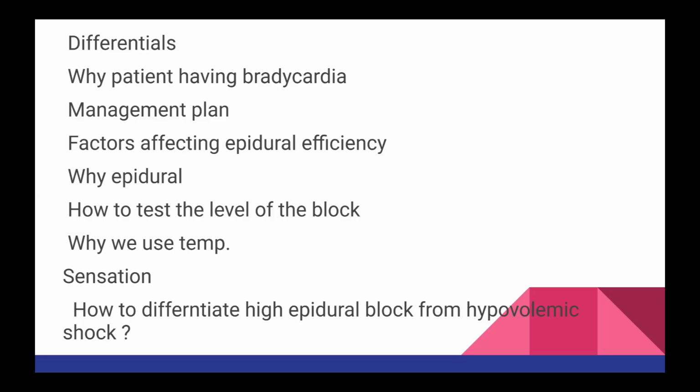Okay, so why the patient is having bradycardia? Because the cardiac fibers could be affected, which are the sympathetic fibers, due to the higher level of epidural analgesia, leading to over action of the parasympathetic nerve fibers and leading to bradycardia.